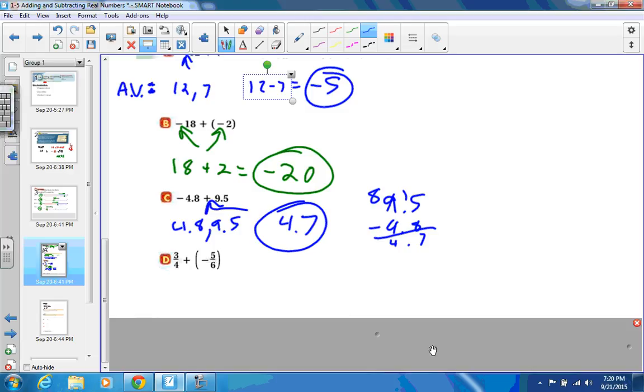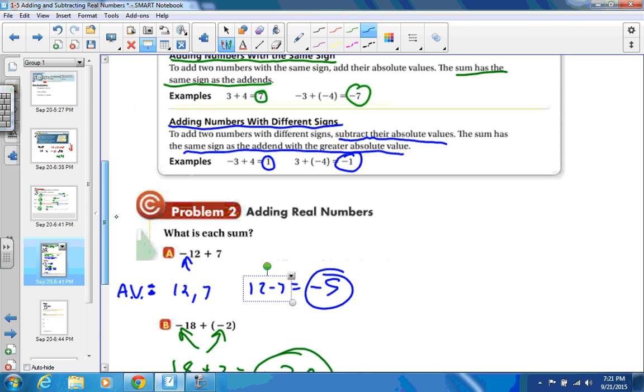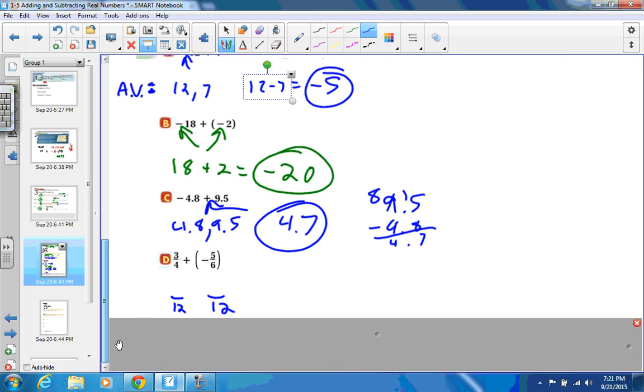We got some fractions here. So let's find a common denominator first. We talked about this, finding a common denominator between 4 and 6. I think it's going to be 12. So we'll have 12 as the denominator for both. They're different signs, so I'm keeping with the blue when we talked about adding with different signs.